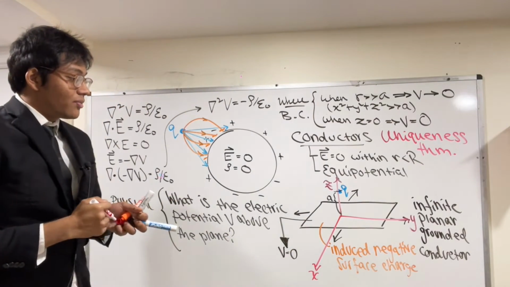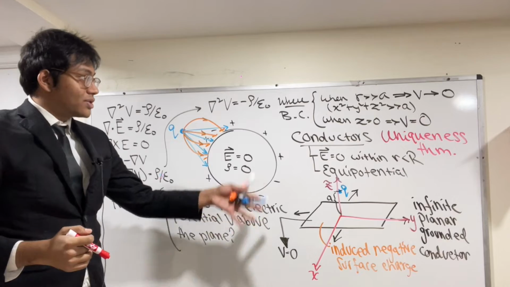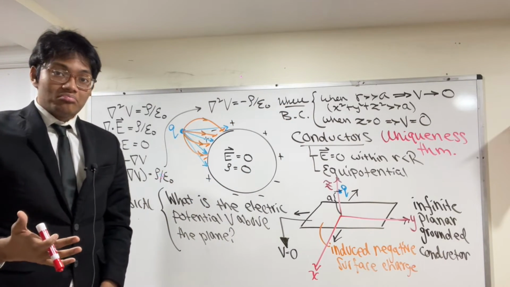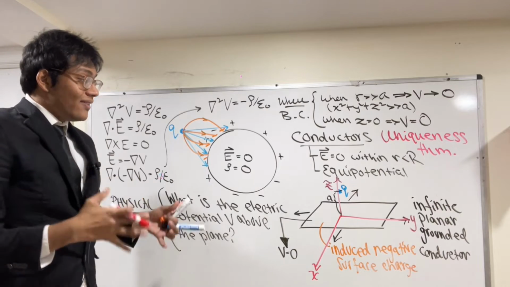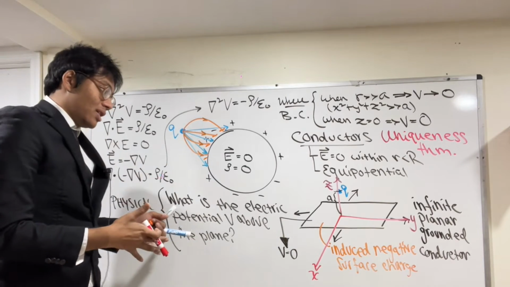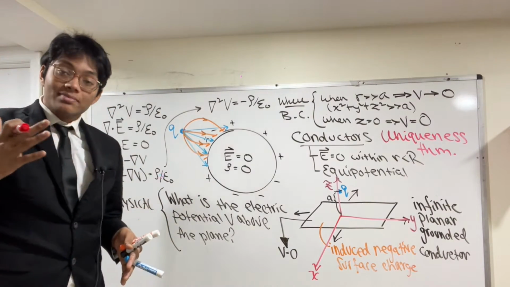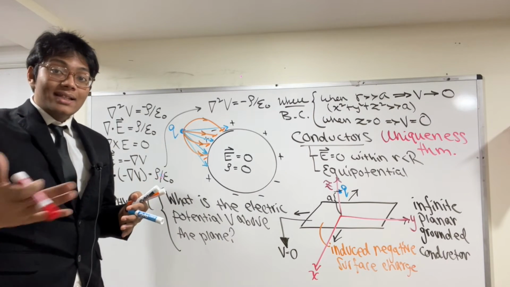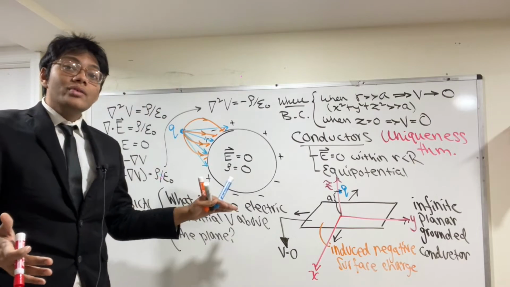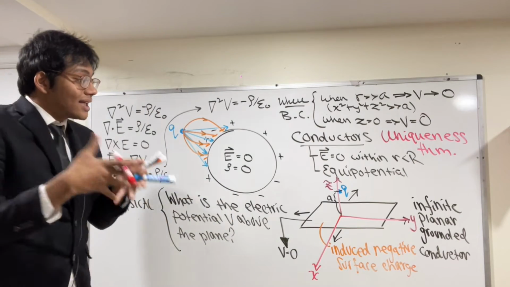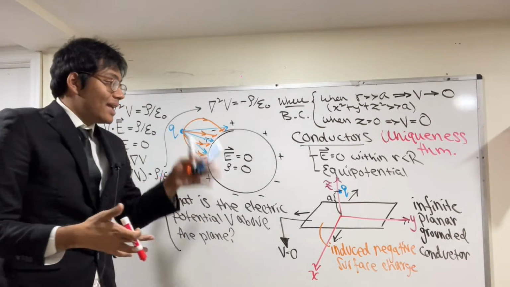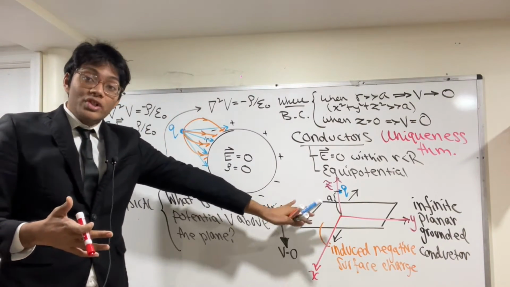You have a very hard problem with certain boundary conditions and you don't know how to find the electric potential, right? If you can find an analogous problem where the electric potential is much easier to find, but that analogous problem satisfies the same boundary conditions, then the electric potential in your analogous problem will be the exact same as the electric potential in your original problem.